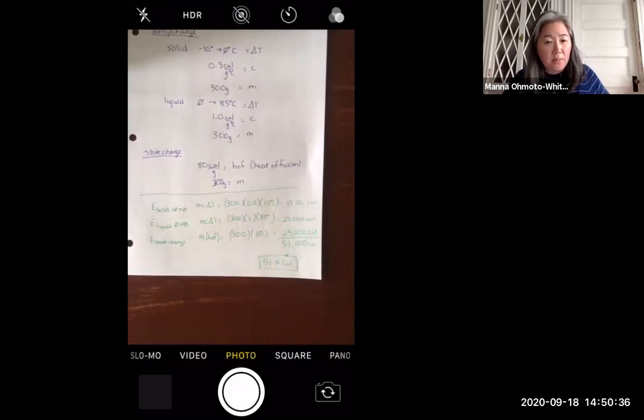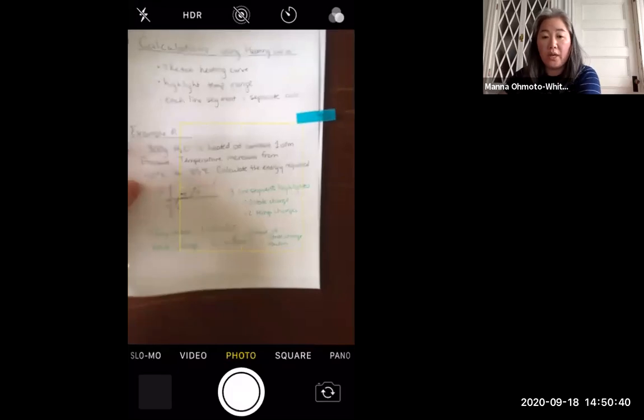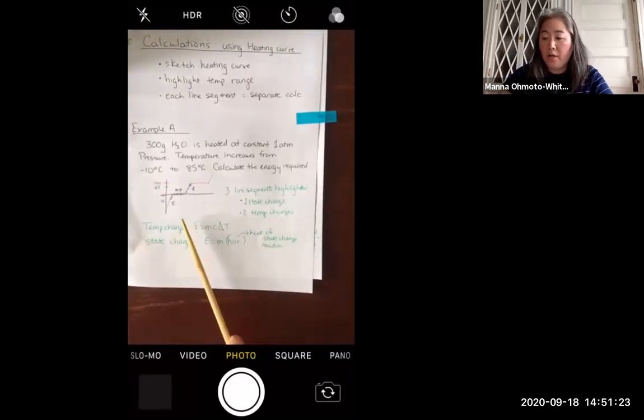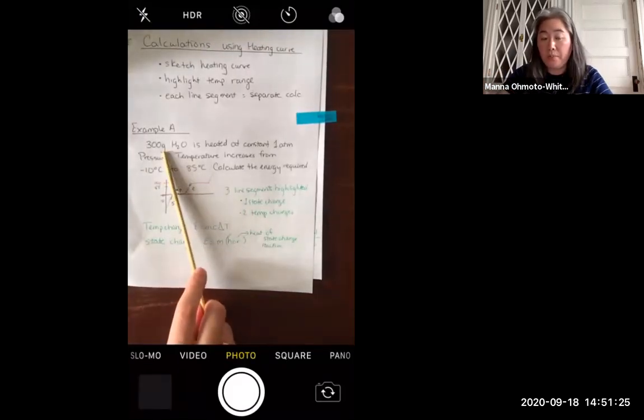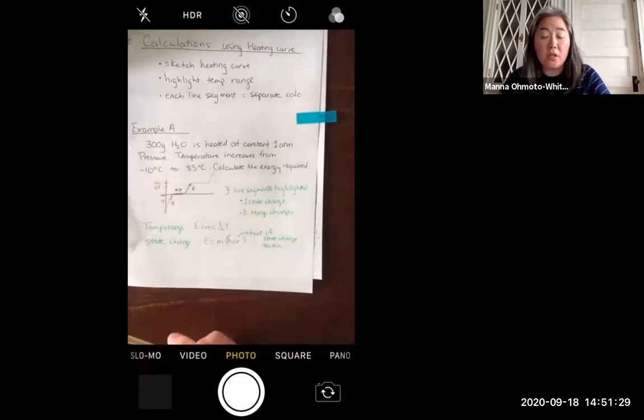So, classic mistakes. A classic mistake is to use just one equation, E equals MC delta T, where I plug in the mass of 300, and I do the delta T from -10 to 85, and I don't know which C you'd be choosing, and just assume that it's the same thing. So there are two mistakes with that.